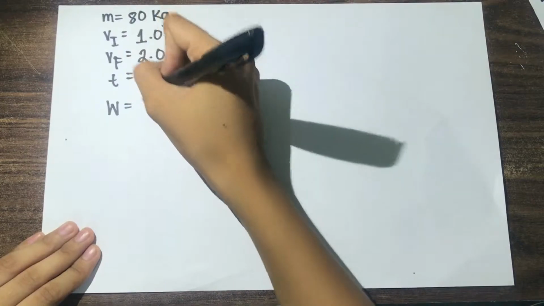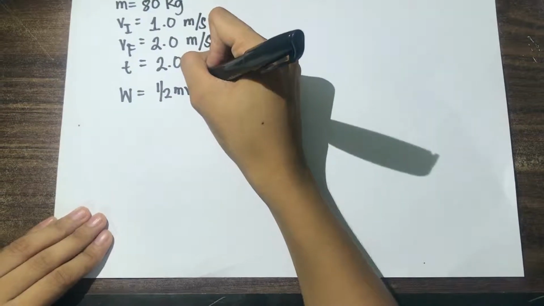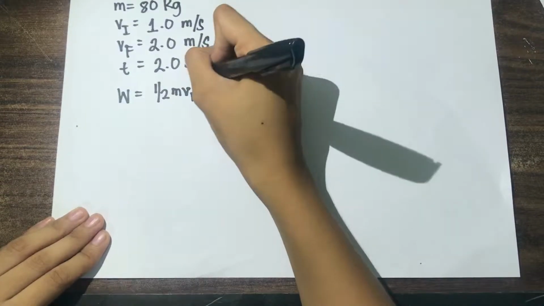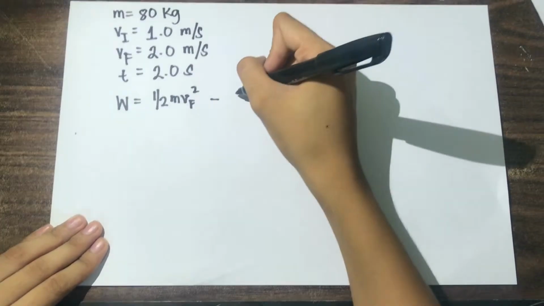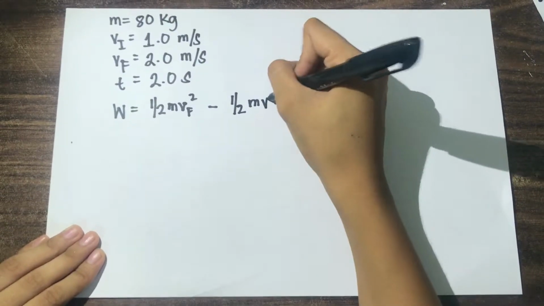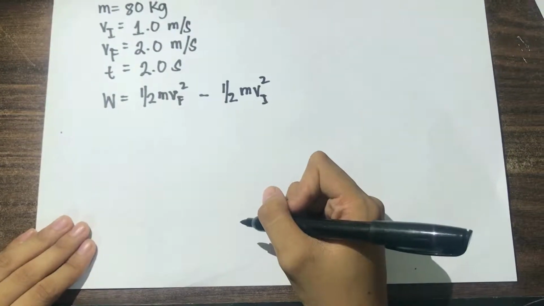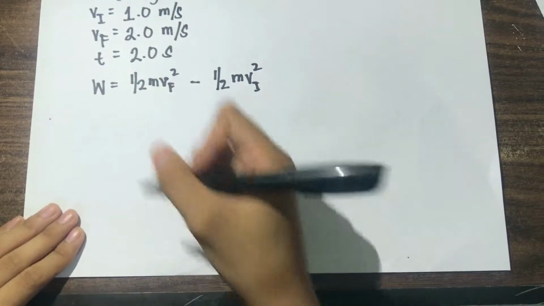First, we will find work. Work is equal to 1/2 mass times velocity final squared minus 1/2 mass times velocity initial squared. Substitute the given.